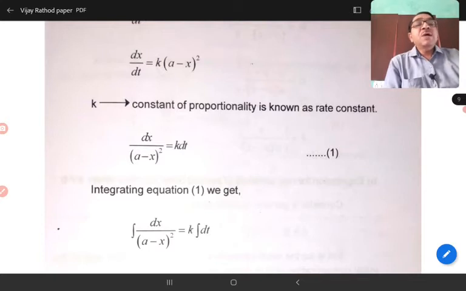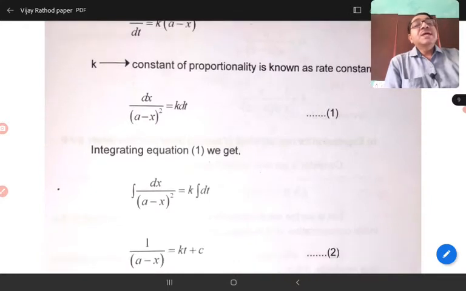Now, upon simplifying, dx upon a minus x whole square is equal to k dt, which we can label as equation number 1. Integrating equation 1, as in the first order reaction, we get integration of dx upon a minus x whole square is equal to k integration dt.